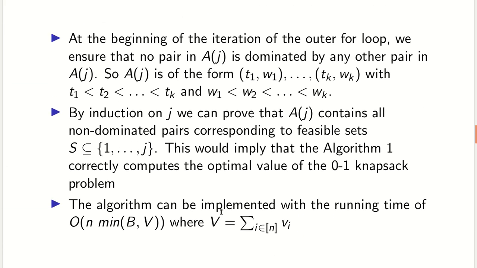So let me give you an intuition why it will be the minimum of b comma v. As you can see here, in the list A_j which we are creating, we have distinct values of t and distinct values of w. So either these t's can take at most b plus 1 values, or these w's can take at most v plus 1 values, and whichever is minimum will be the maximum size of the list A_j.